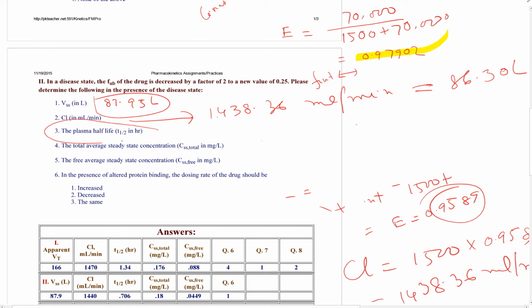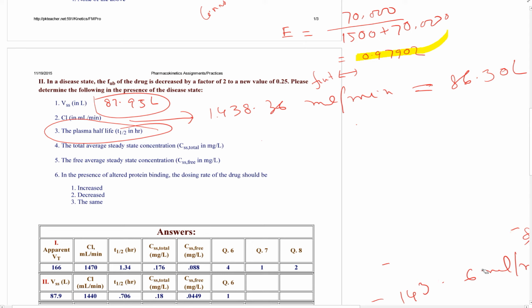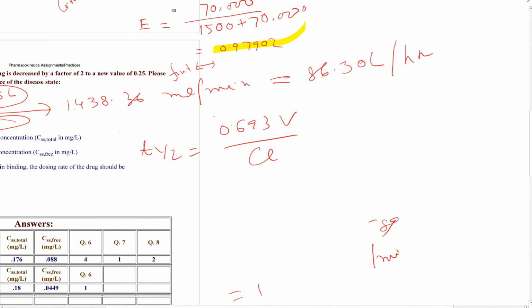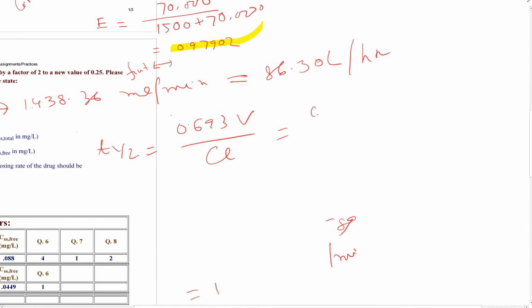Now same as before, we have to use this new CL. See, this is all a domino effect. When one changes, everything changes. So now T half is equal to 0.693 times V divided by CL. Sorry, V is 87.95 liter.